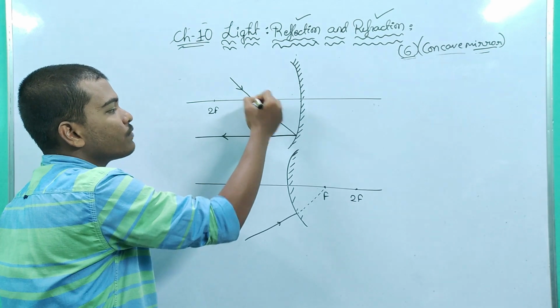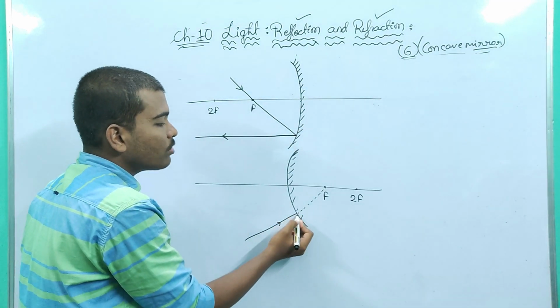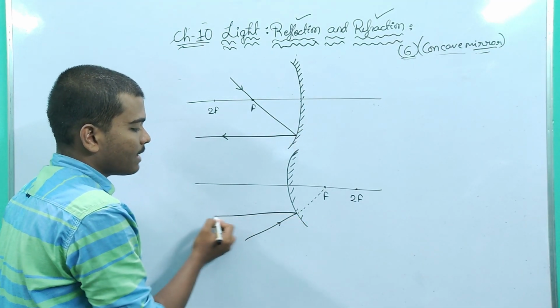If the beam passes through the focus, it will reflect parallel to the principal axis.